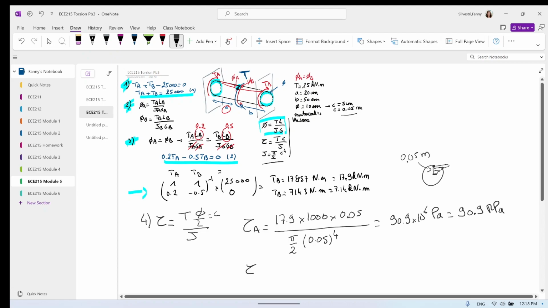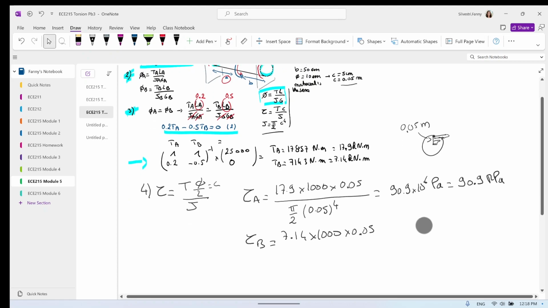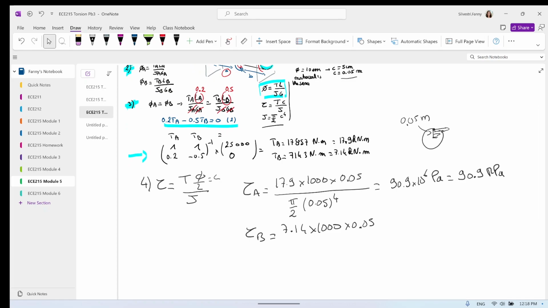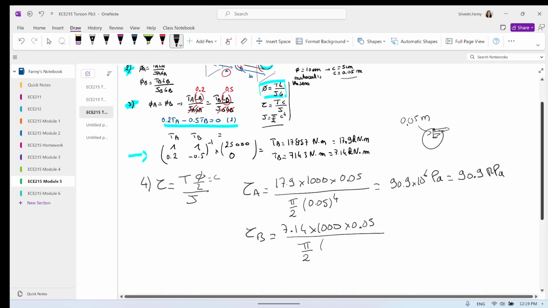For B, tau B equals the torque 7.14 times 1,000, times 0.05, since the diameter is the same at TA and TB. C is the diameter divided by 2 because the shear is highest at the outside of the rod, divided by the same J, pi divided by 2 times 0.05 to the fourth.